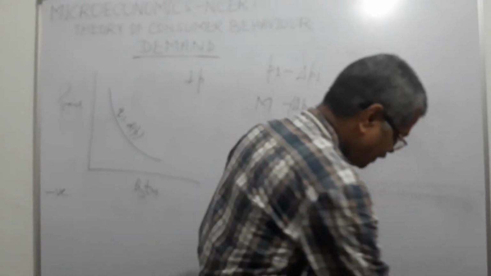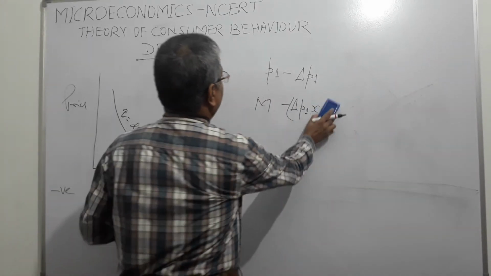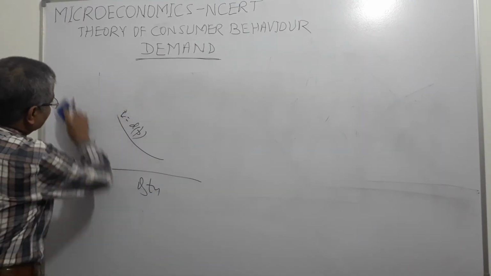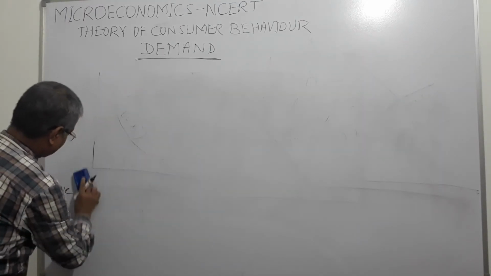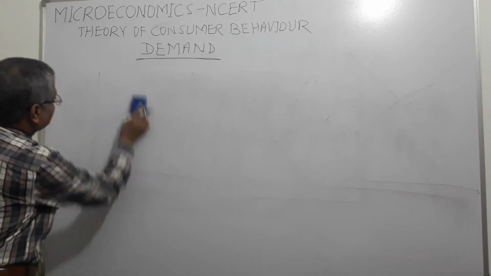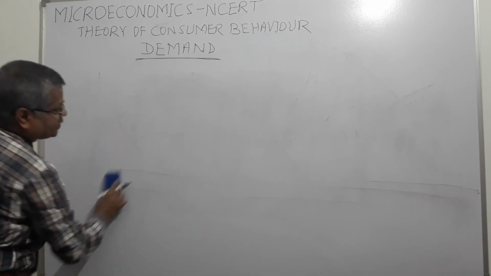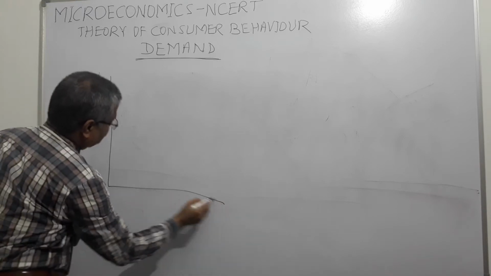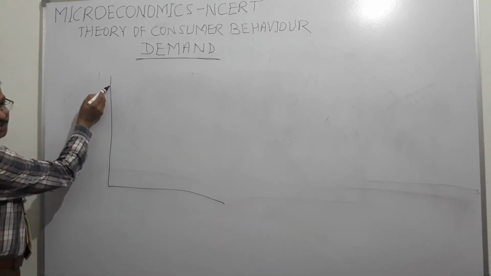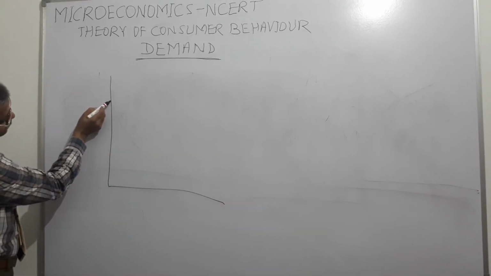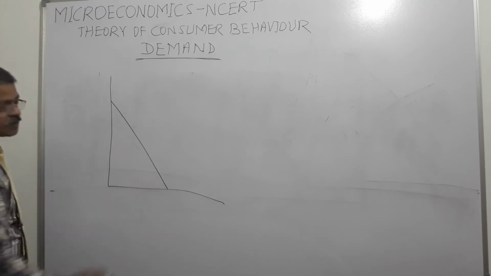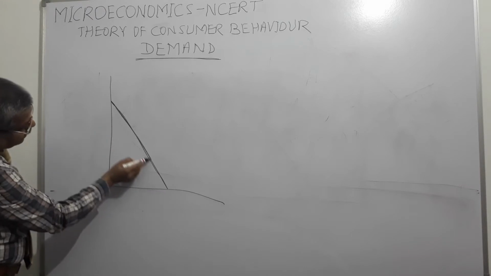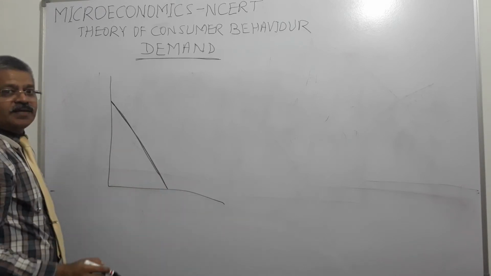So how does the budget line move? We can see the movement of the budget line if the income is adjusted. Suppose this is the original budget line, right? This is the original budget line and the price of good 1 goes down.